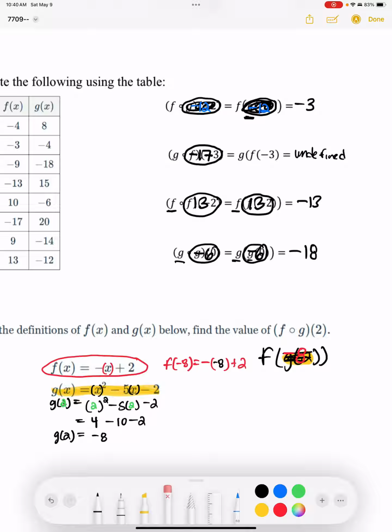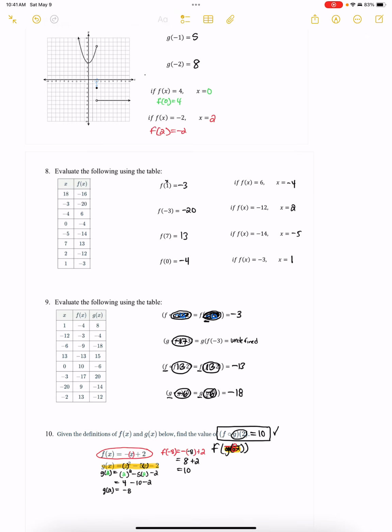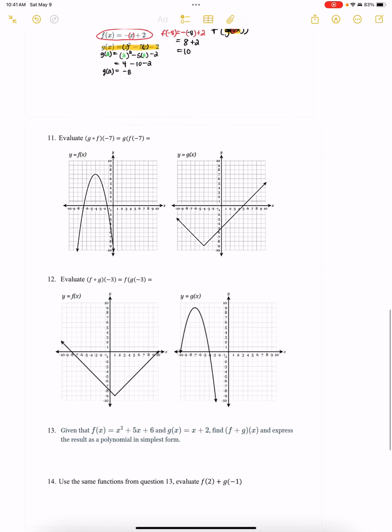So because it is -8, it turns into a +8, and the final answer would be 10. So this part, the final answer is 10. We first put in the number 2 into g because it says f of g of 2, so 2 goes to g first, and then that answer goes into f. So that's the answers for the third one.